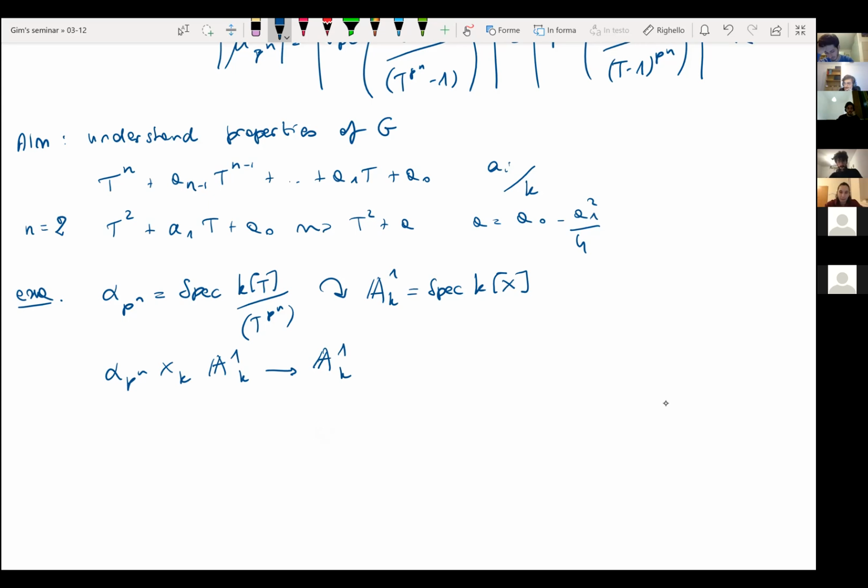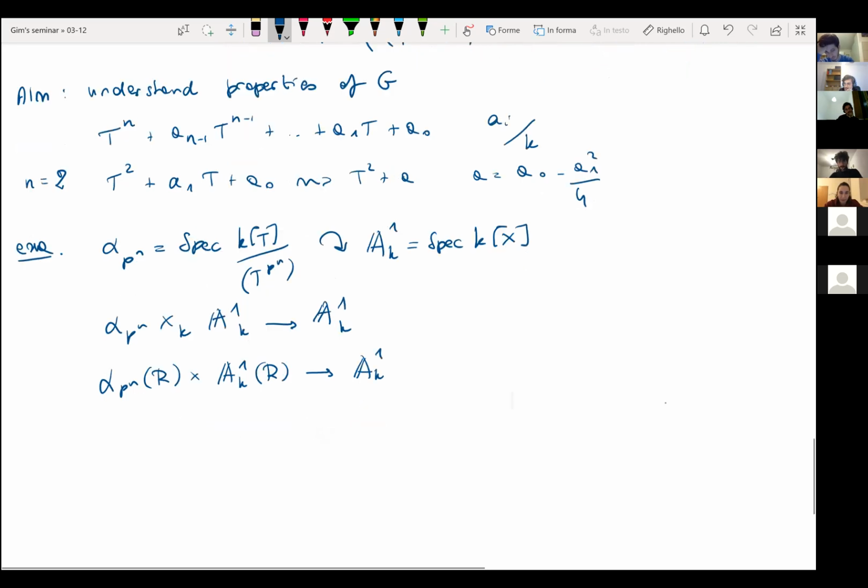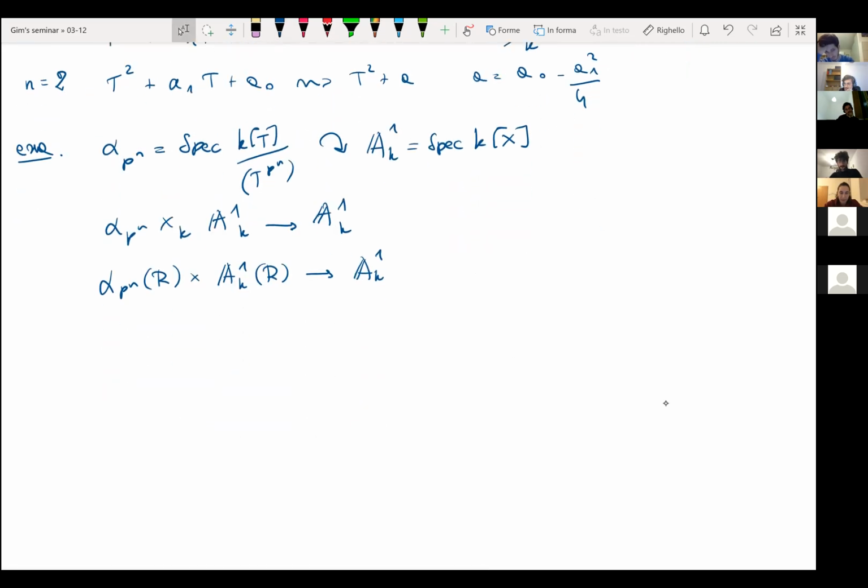And on points, what does it mean on points? That we are interested to define the action of the group α_(p^n)(R) on the set A^1(R) in itself. So what is the first object?